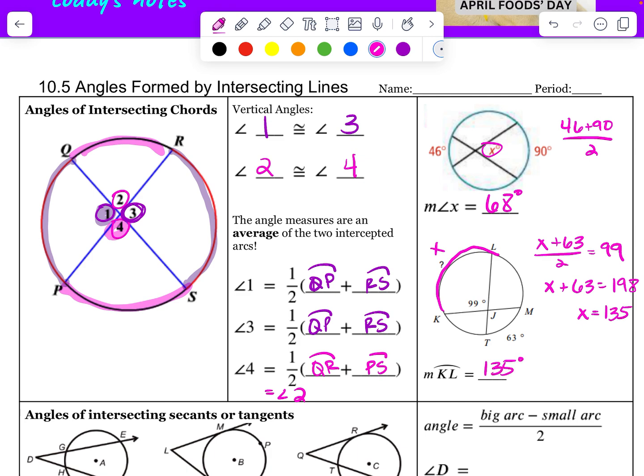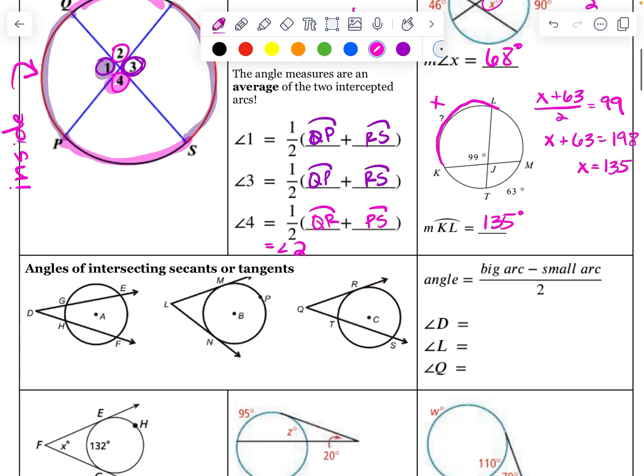Gorgeous. All right, so this is whenever you have vertical angles inside a circle. You are adding them up, dividing by 2 inside a circle. But if you have outside of a circle, so if you look here, I've got D is outside a circle, L is outside a circle, Q is outside my circle. If you have outside, instead of adding and dividing by 2, we are going to subtract and divide by 2.